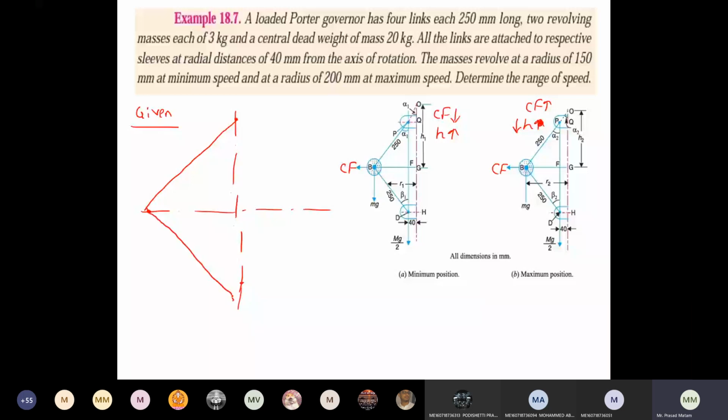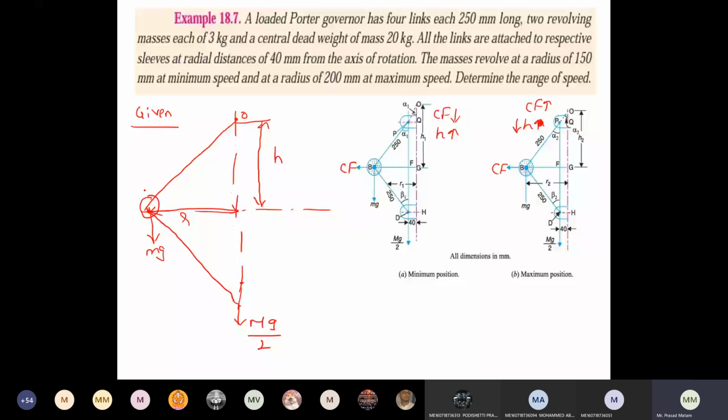Now let us take this as point O. Here the ball is going to be connected. The mass of the ball is acting downwards; I am writing it as mg, and half of the central load is acting at the axis point; I will write it as capital Mg by 2. This distance I can write as the radius of rotation r, and with respect to this point O, this distance is my height of the governor. Now let us take this as point B, and this as point C.